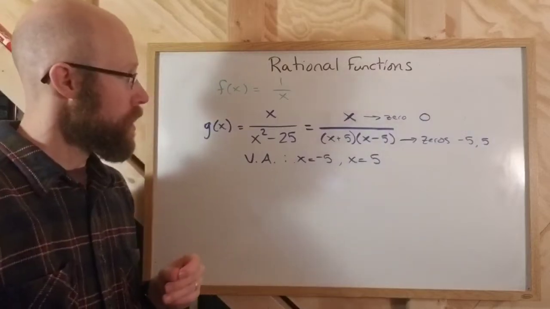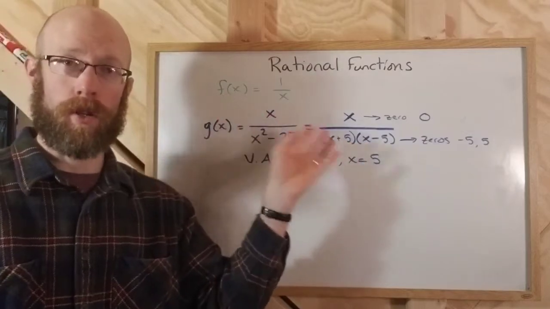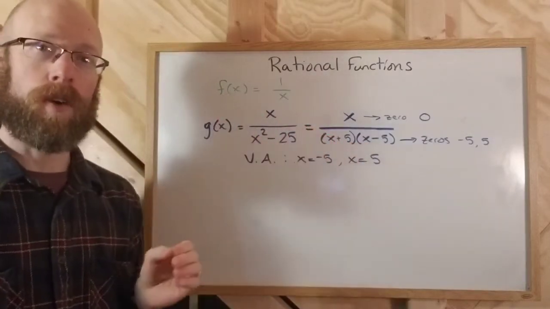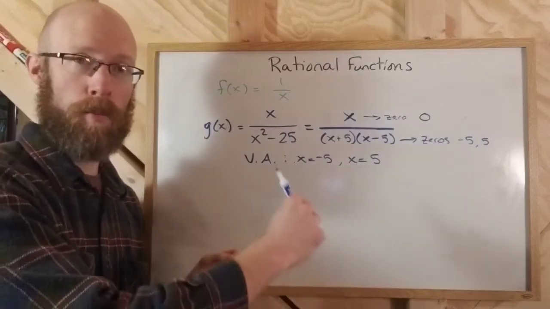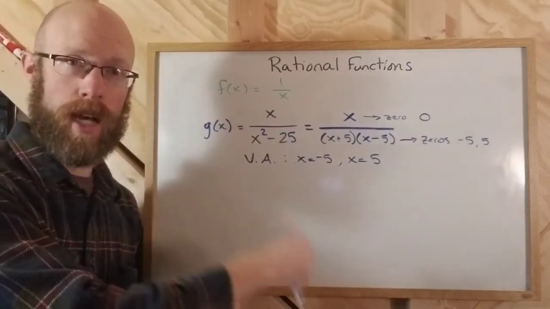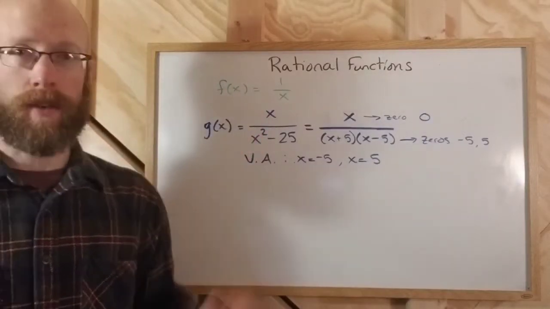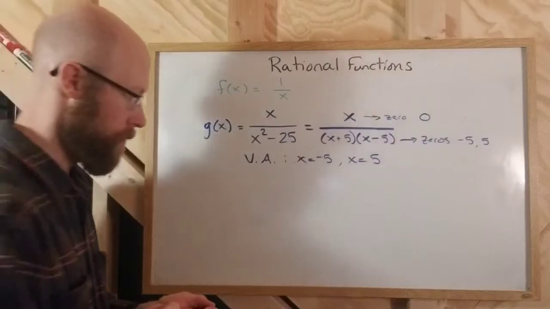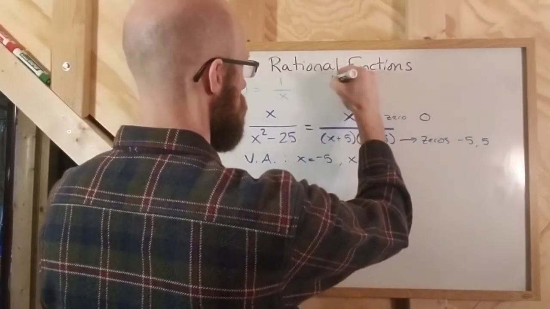Now typically when we have a vertical asymptote, you will find that the graph will approach the vertical asymptote going upward on one side and going downward on the other. That's what we had with our reciprocal function, and that's what we would have on these. Remember the reciprocal function, I could plot that out real quick here.